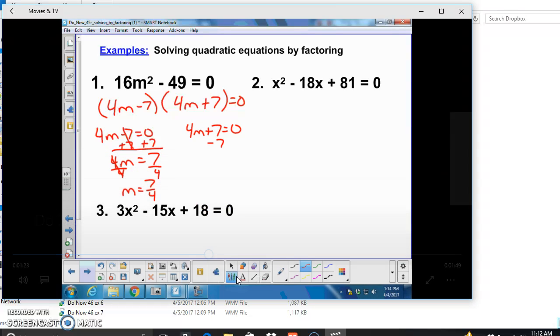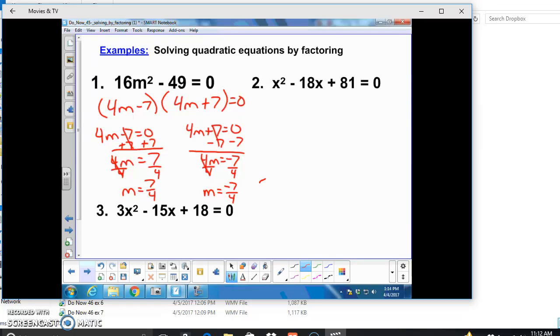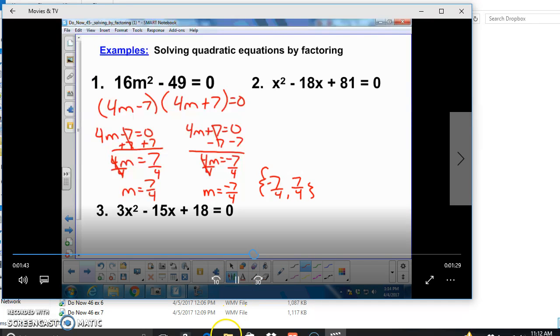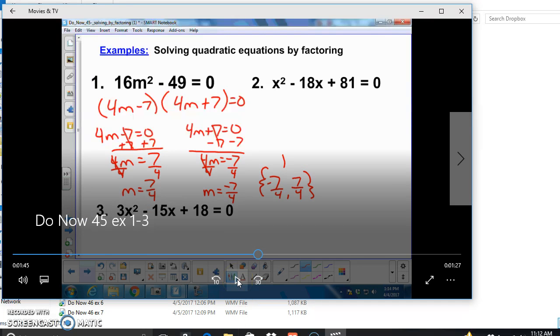Subtract 7 from both sides to solve it. You end up with 4m equals negative 7. Divide by 4 on both sides, and you have m equals negative 7/4. When you list your answer, you list them in brackets so it doesn't get confused with an ordered pair. Negative 7/4 and positive 7/4 would be the answer to this equation.